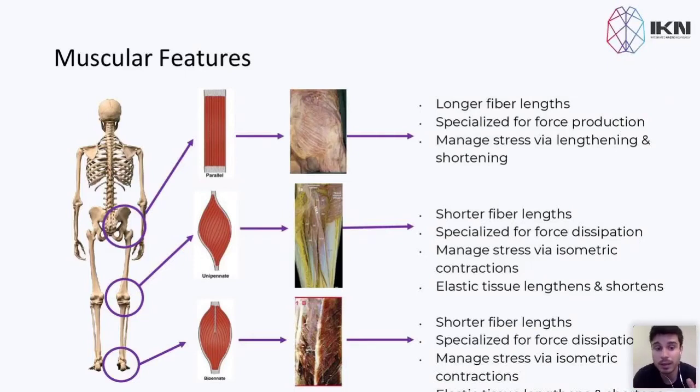So that's why the distal portion of the limb has less muscle mass, but more tendinous tissue, more connective tissue, more passive tissue, because connective tissue and passive tissue serve as a buffer for stress. So when ground reaction forces impact our lower limb, that tendinous tissue allows us to dissipate that stress over broader surface areas.